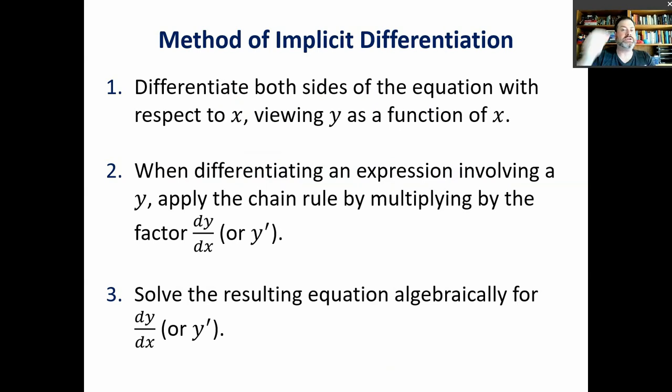Basically, you take your original equation, you don't manipulate or move it around, you just take the derivative of both sides. Anytime you see a y, think of it as y equals f of x. Don't think of it as like the variable y. Think of it as a function of x.